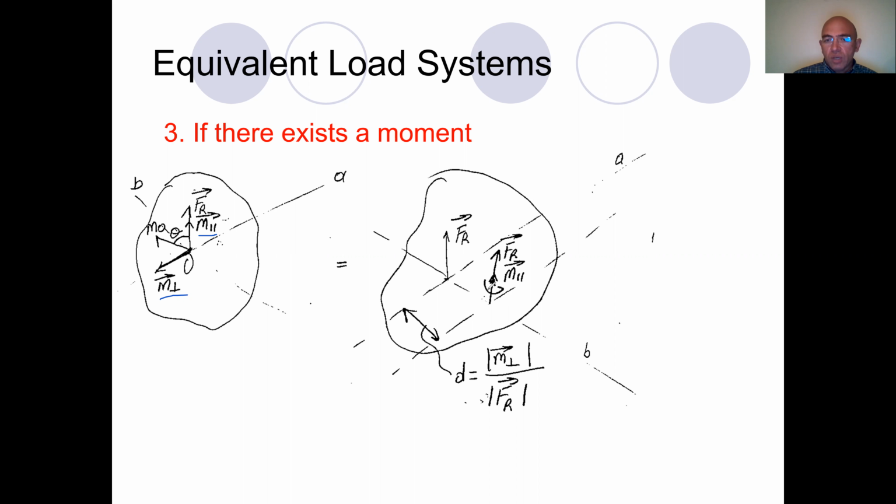Then we will have one moment at this point, which is parallel with the resultant force, and this resultant force will generate a moment in this direction, right? Or in the other direction, it doesn't matter.